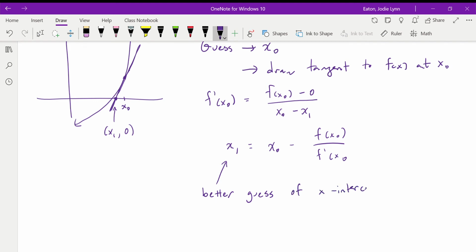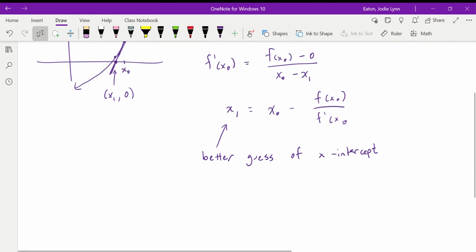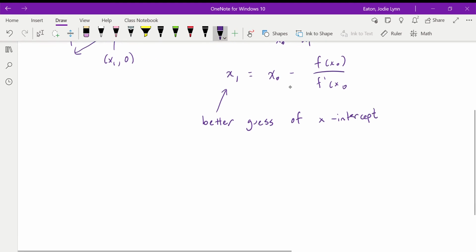And now that we have x1, we can go right up here, draw a tangent line, and find an x2 that is going to be even closer, and find an x3 that's closer than that, until we get xn, and we can keep doing that n times. So x2 is x1 minus f of x1 divided by f prime at x1.